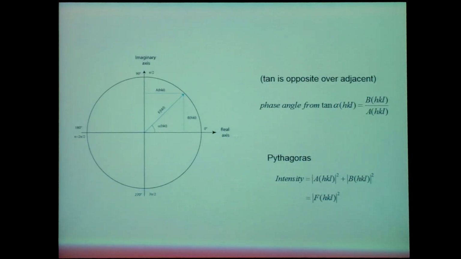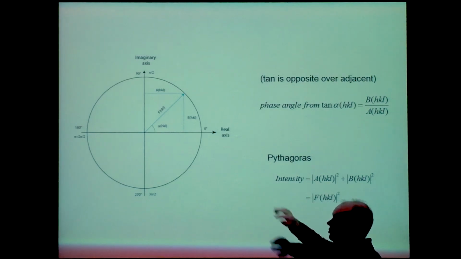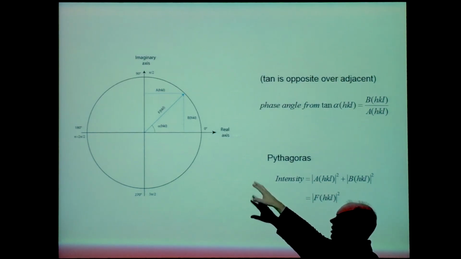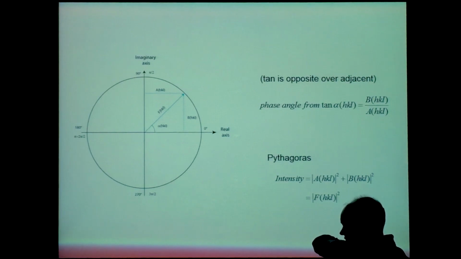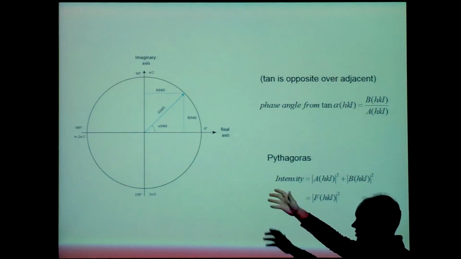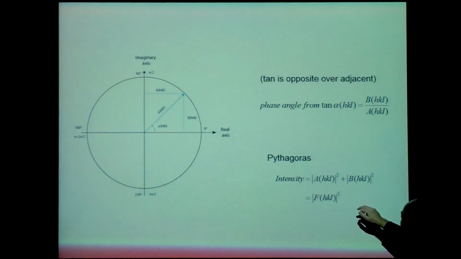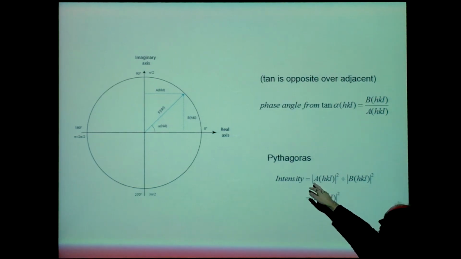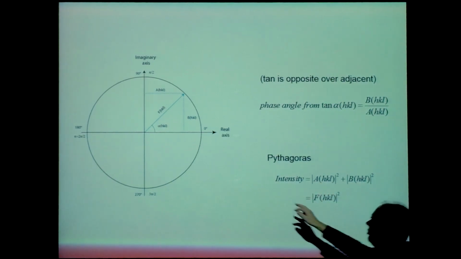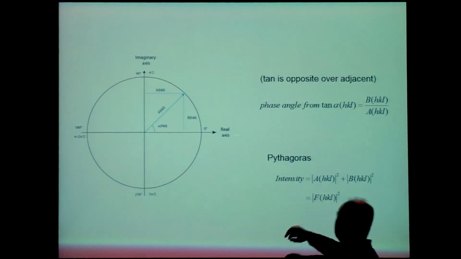Going back to the complex number notation, here's your reflection. We give the reflection a magnitude we call F. F is the amplitude of the reflection. I is the intensity. So we have a reflection HKL, which defines the planes from a three-dimensional space, and the intensity is equal to A HKL squared plus B HKL squared, where A and B are the dimensions in the real axis and the imaginary axis.